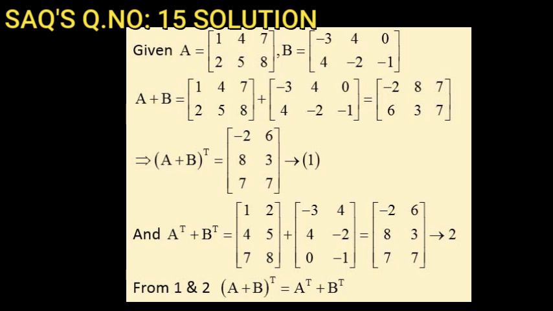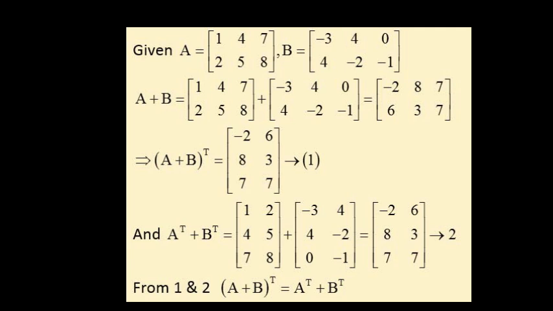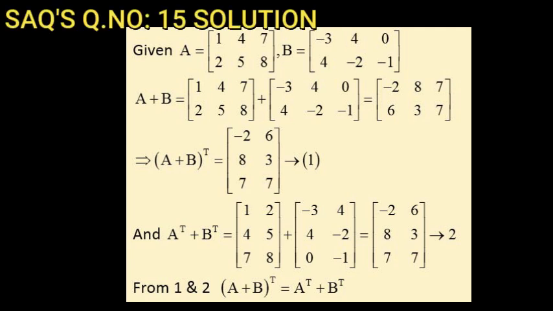Similarly adding these two matrices, that is, addition of two matrices means add the corresponding elements, then we get minus 2, 8, 7, 6, 3, 7.